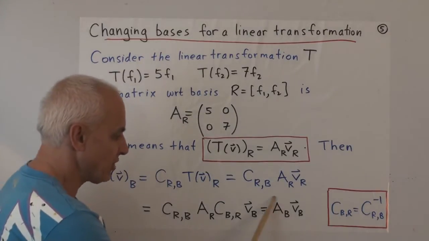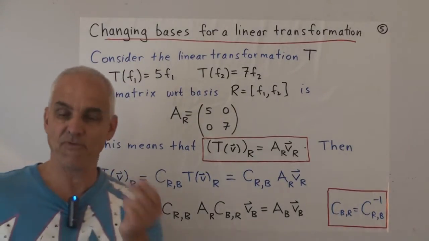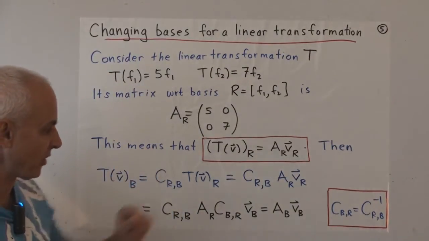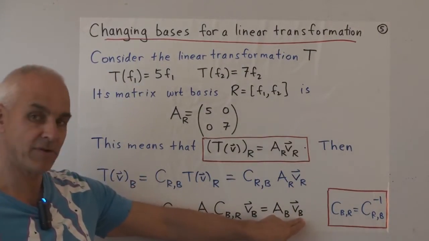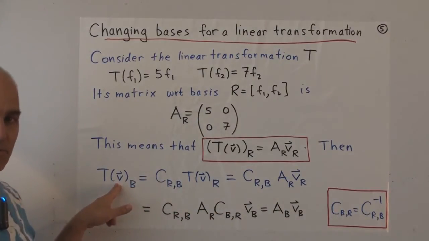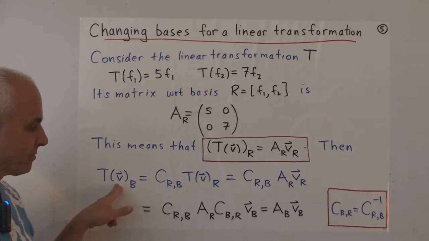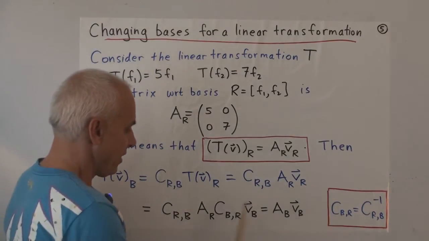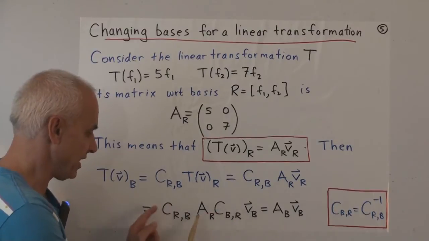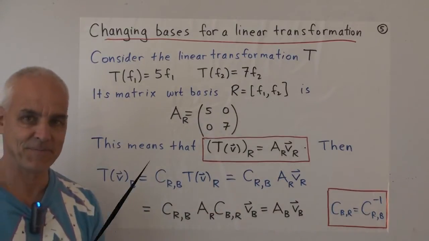And this matrix A_B is Bob's matrix for the linear transformation, because it tells us how to go from a vector in Bob's system to the image of that vector, also in Bob's system. I point out here that this matrix and this matrix are not the same. This one is the inverse of that one.